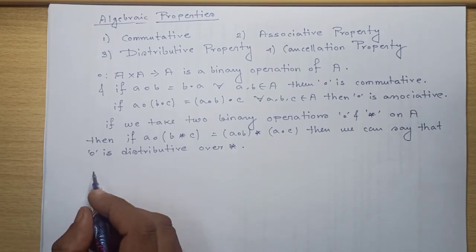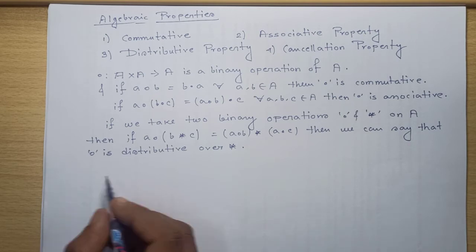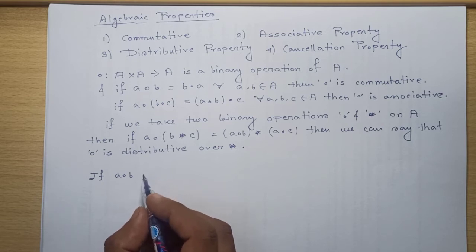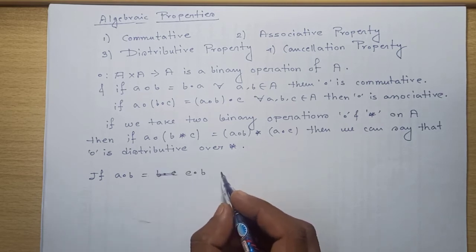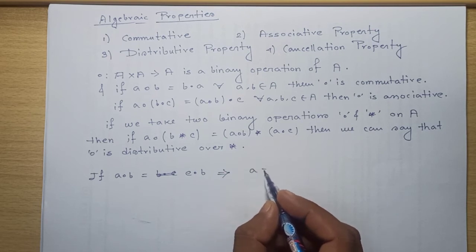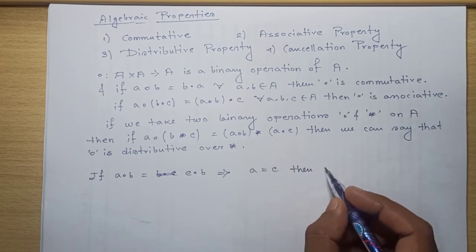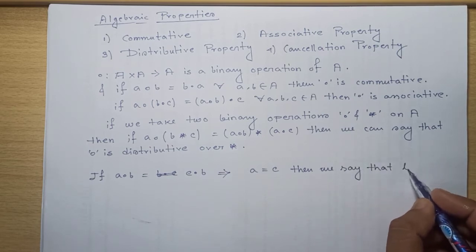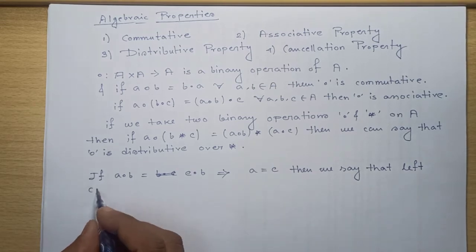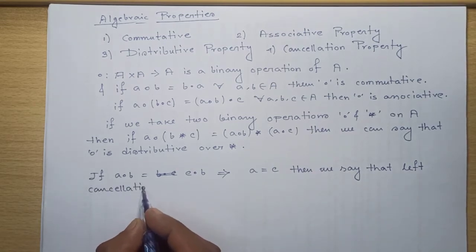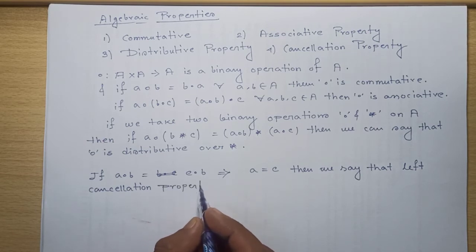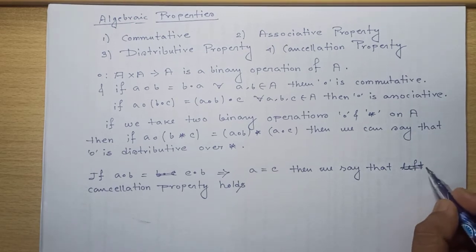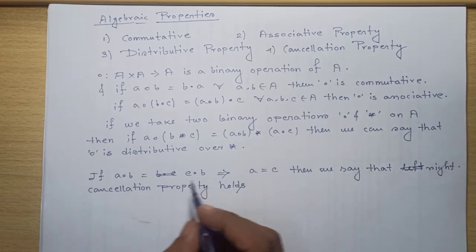Another important property is the cancellation property. Cancellation property means if a compose b equals c compose b, which implies a equals c, then we say that the right cancellation property holds, because we are cancelling from the right.